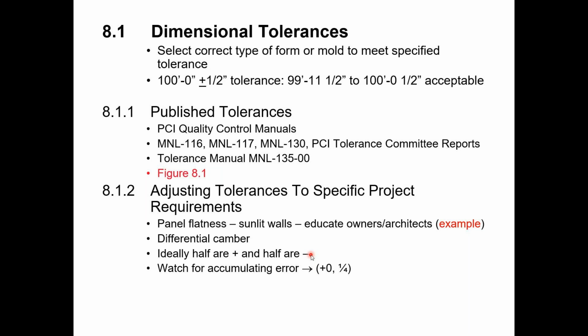If they were all a 1/4 inch low and you had 30 of them, now all of a sudden you're what is that, 7.5? You're 7 inches too short. So you want to be mindful of this concept of accumulating error, and try to make sure that if you're going to be off, you can skew those in one way or another to get that accumulating error to equal 0.